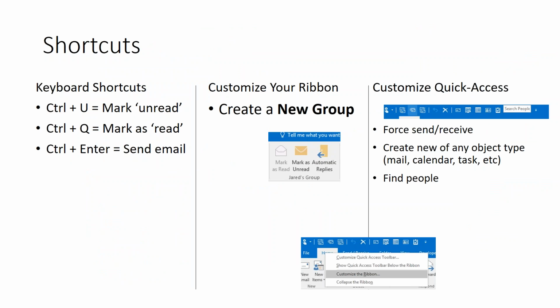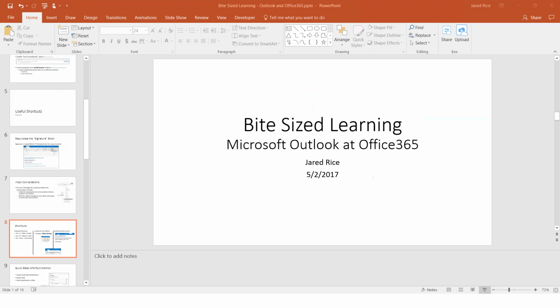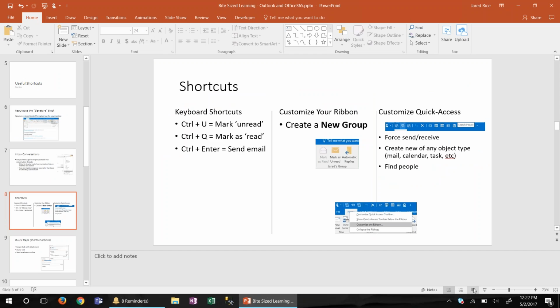A few shortcuts that I think are really useful. Keyboard shortcuts. The ones I use most often in Outlook are marking things as read, marking things as unread, and sending emails. These are super simple. To mark something as unread, it's Control-U. To mark it as read, it's Control-Q.